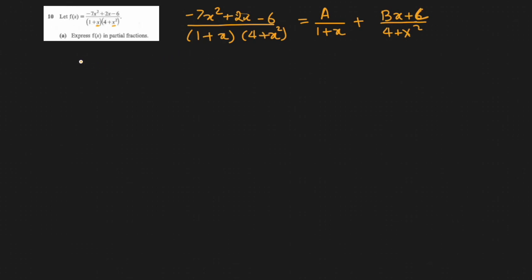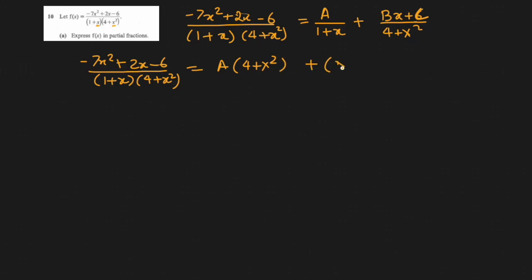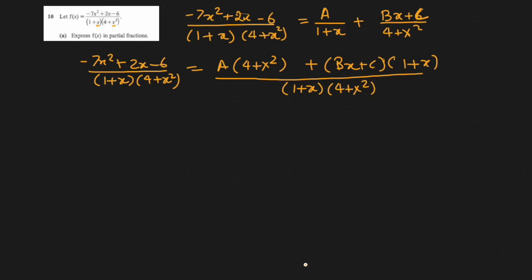Now, minus 7x square plus 2x minus 6 divided by (1 plus x)(4 plus x square) will be A multiplied with the denominator of the other one, because it already has 1 plus x, so it will be (4 plus x square), plus (Bx plus C) multiplied with the denominator of the other term, which is (1 plus x), divided by (1 plus x)(4 plus x square).